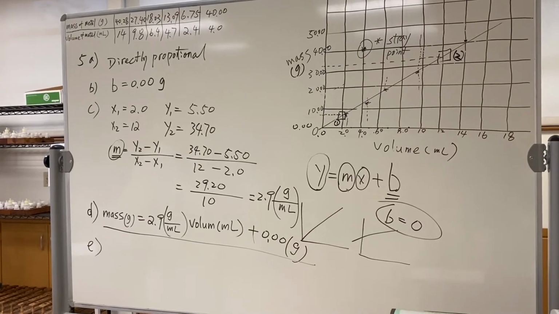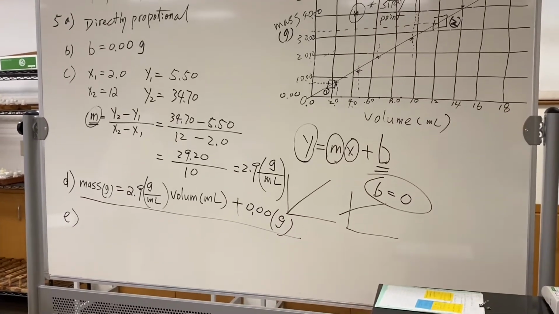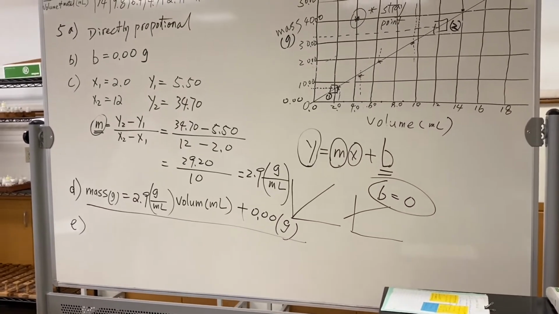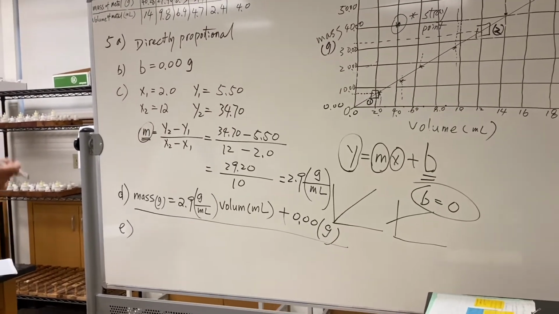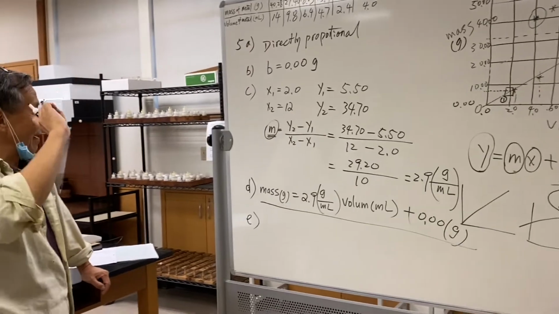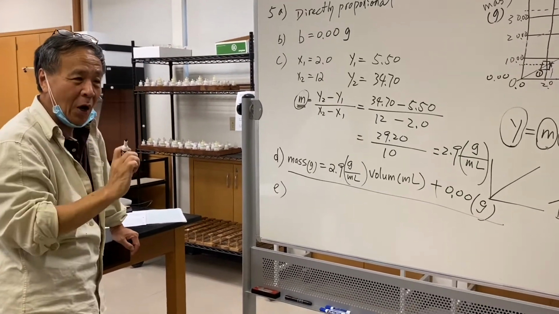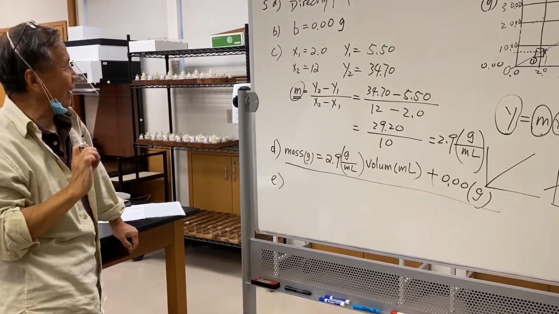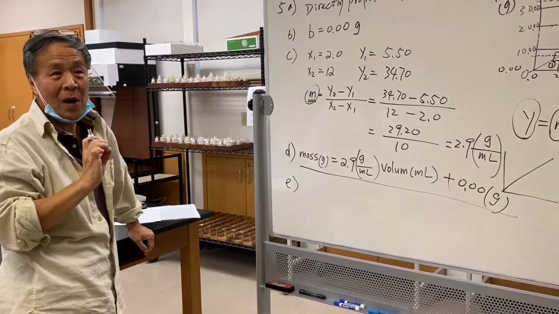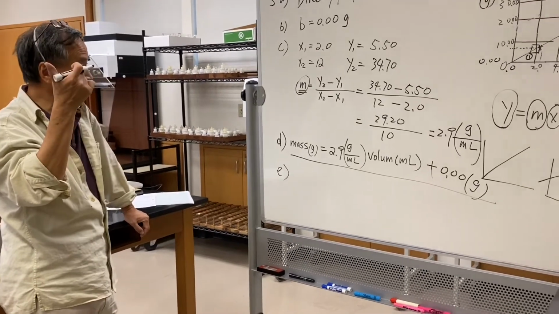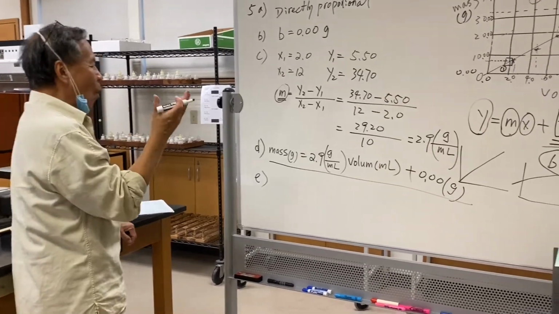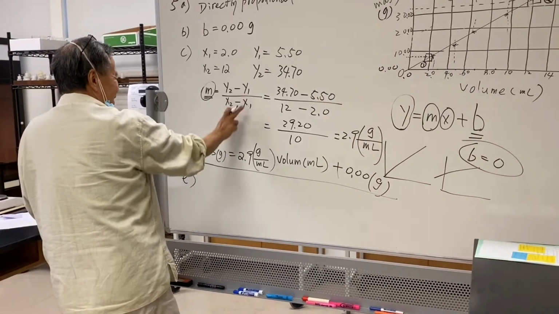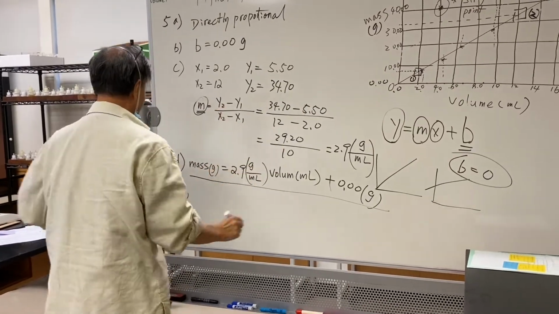The unit is gram over milliliter. Remember what we did a little while ago when we measured the volume of the marble and then the mass of the marble. What did we do at the end? The density.